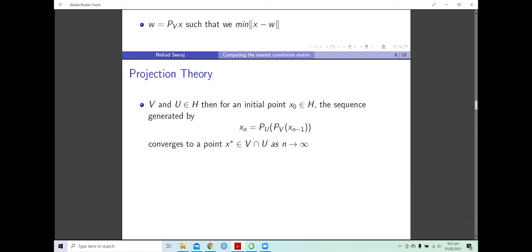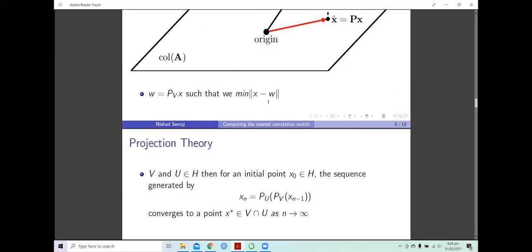And you have some initial vector, x0, that is outside of both V and U, and you just take alternating projections onto them, and you generate a sequence of x's. And eventually, as n goes to infinity, that sequence converges to x star, which is inside the intersection of the two subspaces. And by definition, x star satisfies this expression here and minimizes the distance from the original solution.